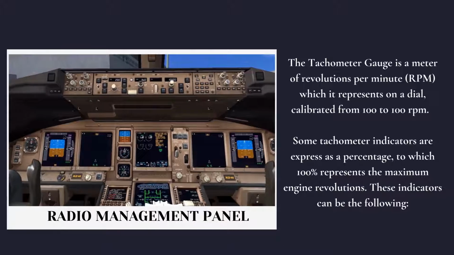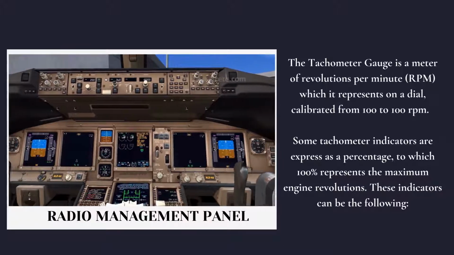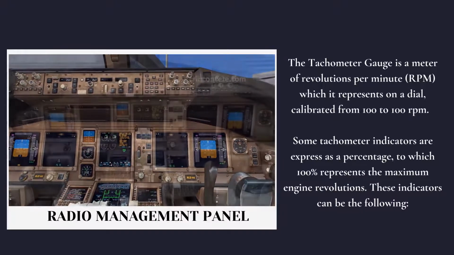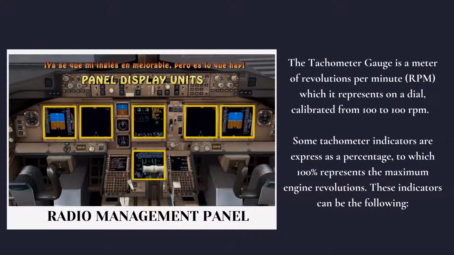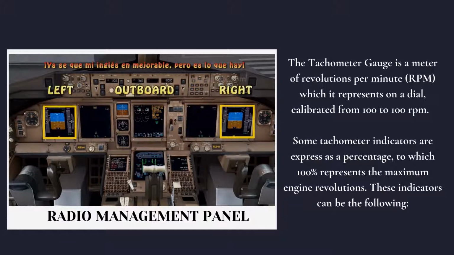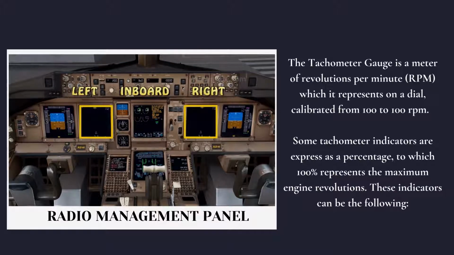In aircraft with the fixed pitch propeller, this instrument provides the RPM number of the engine crankshaft and by station of the propeller on airplanes with a variable pitch propeller. It indicates the propeller's number RPM.